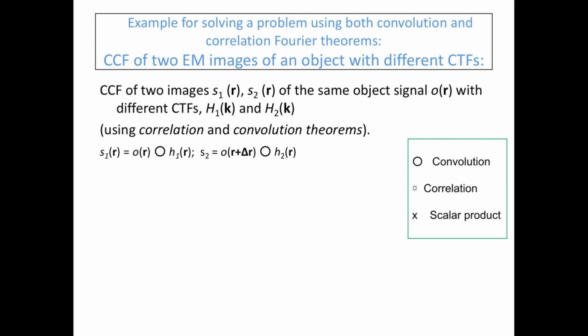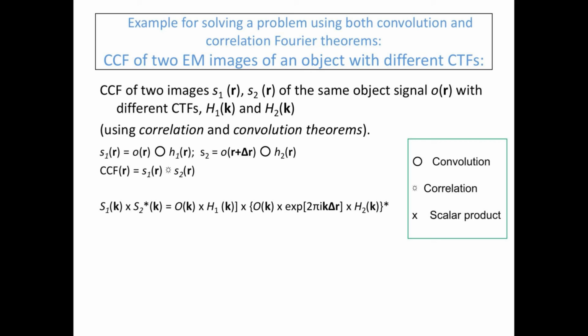Okay, so this is an expression of this. O of r convoluted with H1, and the other one is O at a different place in the image convoluted with H2. Now the recipe for cross correlation is S1 correlated with S2.